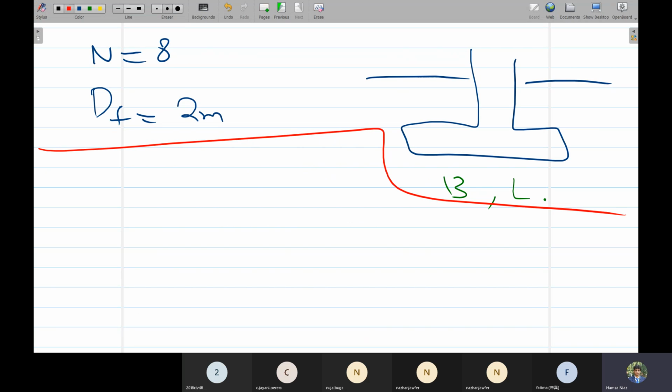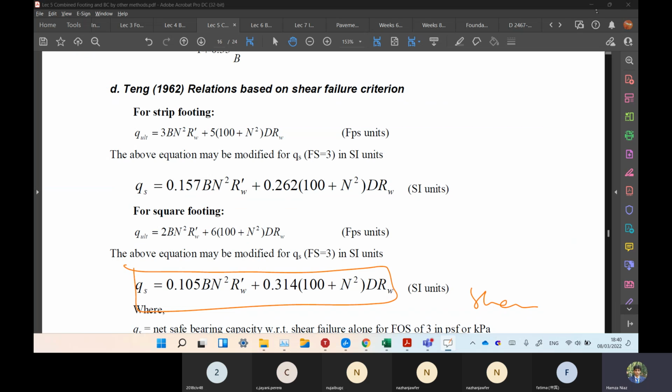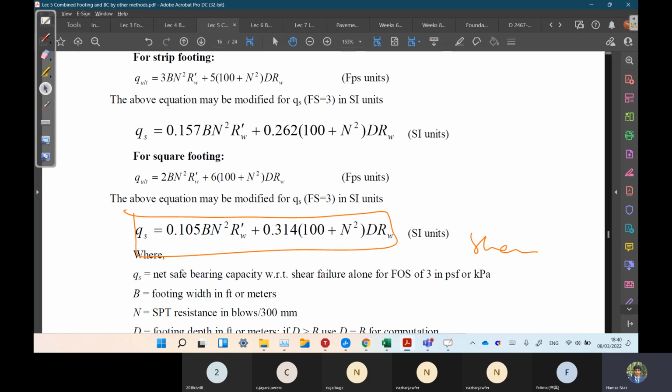For example, for the first trial, for shear, we assume some values of B. B is equal to 1, 1.5, 2.5, 3, 4, 5, like this. Take some values of B and we calculate the value of Qs from this.